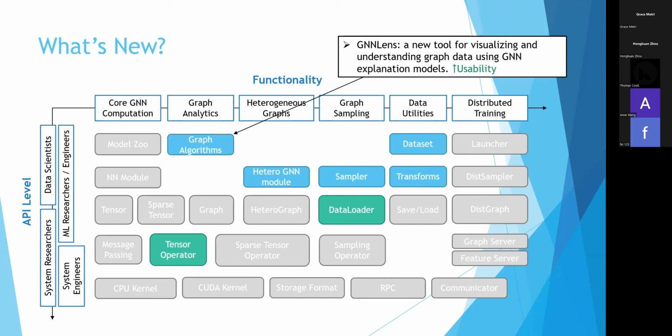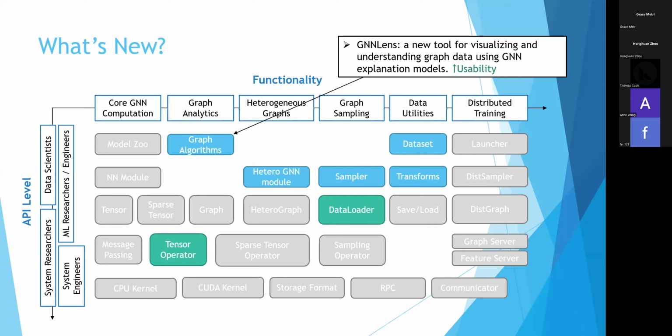Another thing is graph analytics. Recently we worked with Hong Kong University to release a new tool for visualizing and understanding graph data using a GNN explanation model. Again, it's a usability update, to put GNNs into use for certain scenarios.